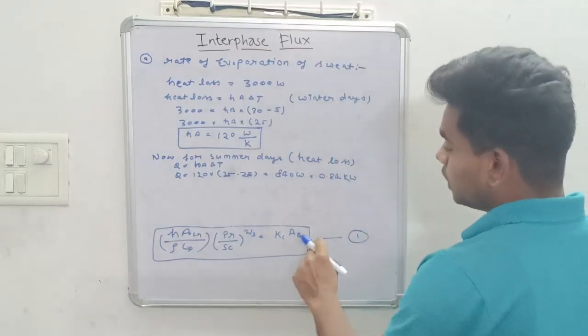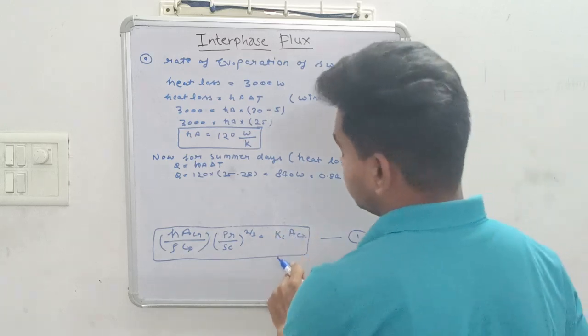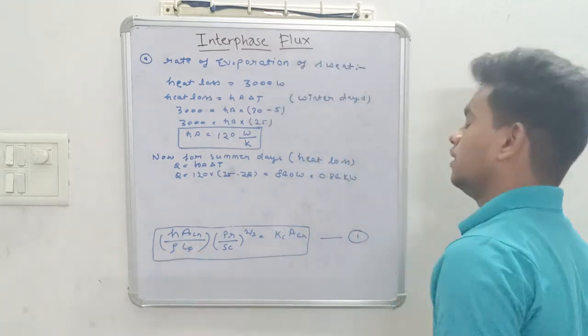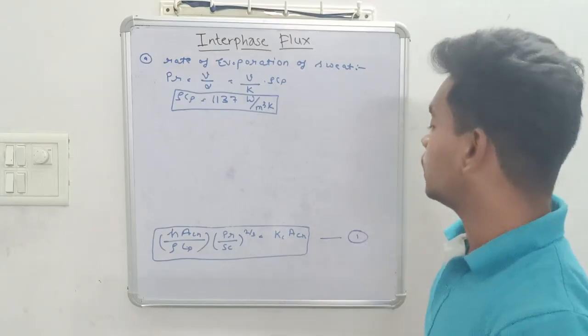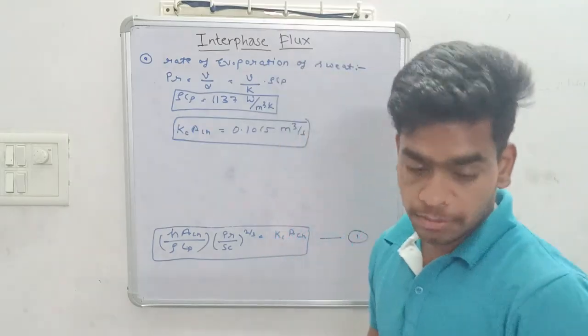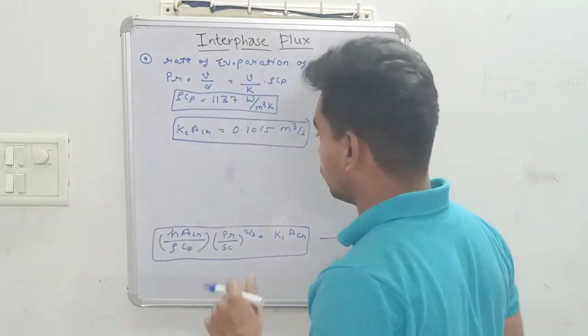We need to find Kc into A Cs, and we don't know the value of Cs. Pr and Sc we know from the given data. So here we will finally get the variation of sweat at the surface of the body of the jogger.